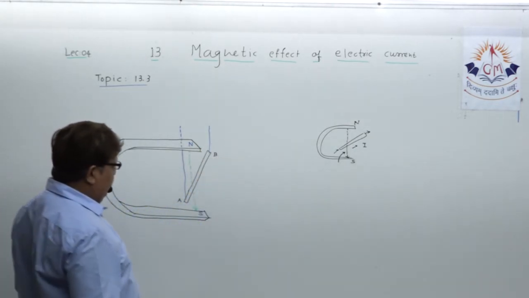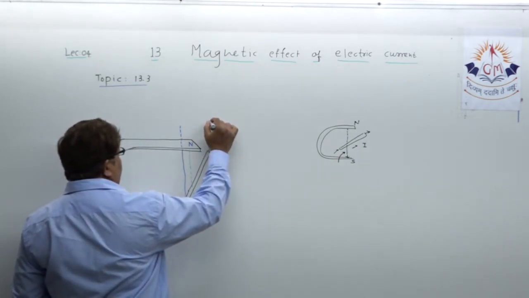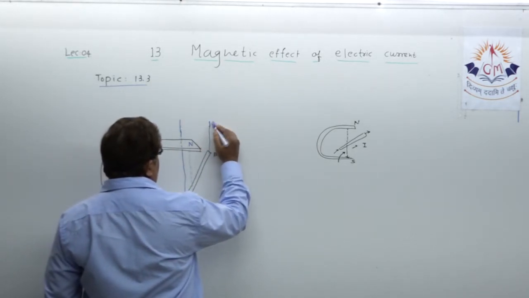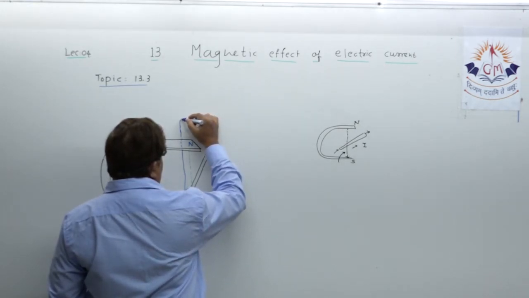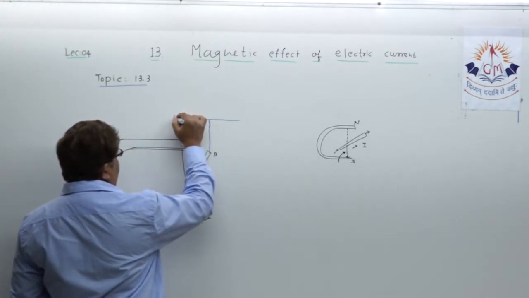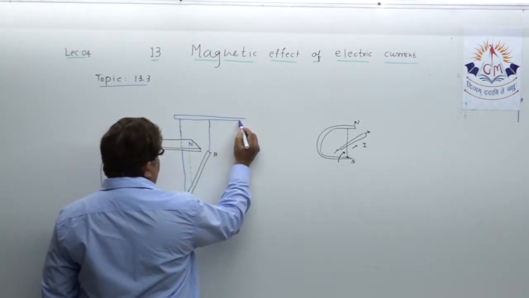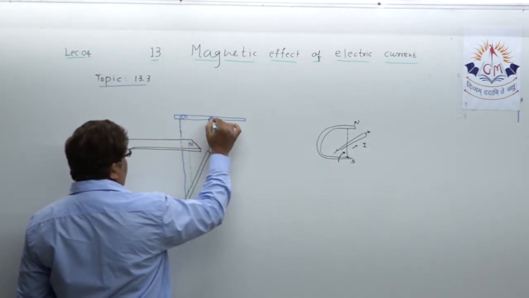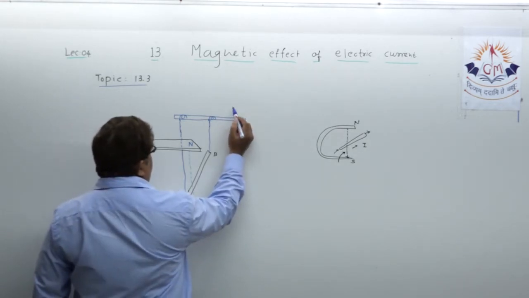The string is tied to both the ends of the conductor and it is suspended from a stand. Suppose this is the stand here.